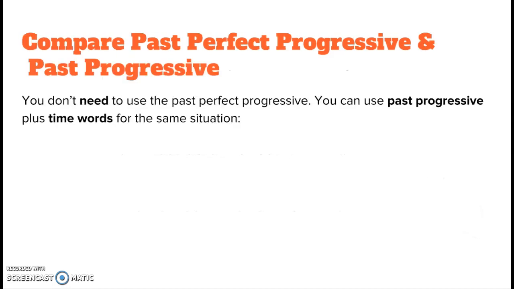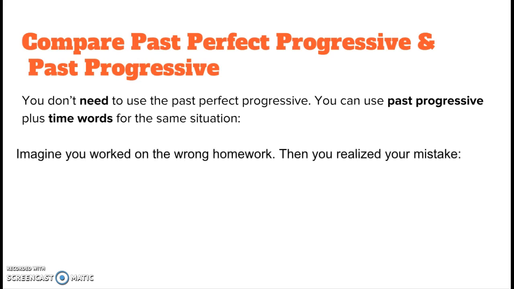So let's compare the past perfect progressive and the past progressive. You don't need to use the past perfect progressive. You can use just the plain past progressive plus time words for the same situation. So imagine you worked on the wrong homework. Then you realized your mistake and you were so upset.